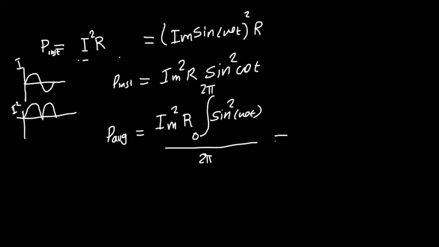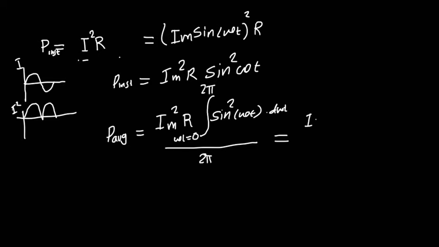Actually the limit is omega t equal to 0 to 2 pi. When we take capital T as the period, the limit is t equal to 0 to T. Omega t is the variable here.